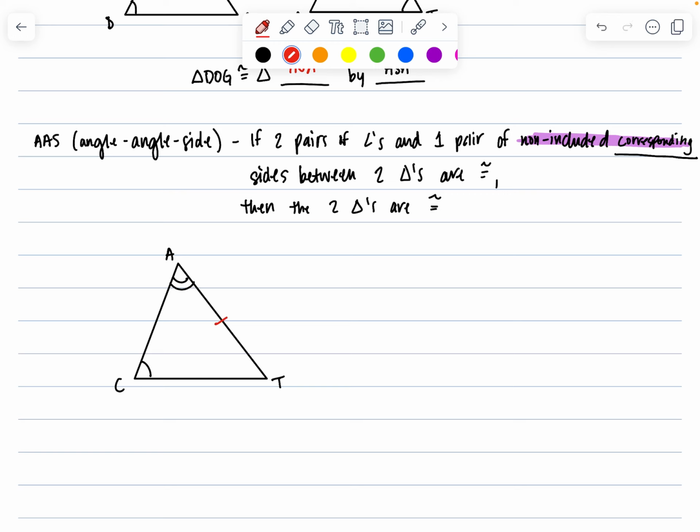So if I mark AT as the side, and I draw another triangle, and let's call this one FLY, and I mark, for instance, this here, then the proper non-included corresponding side has to be LY.